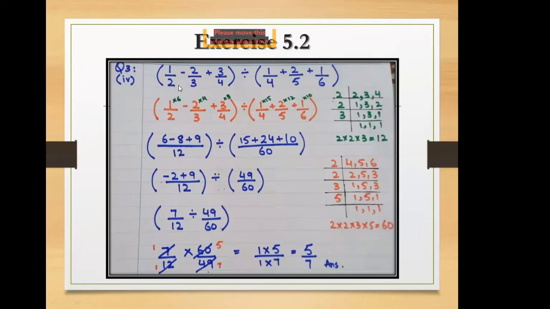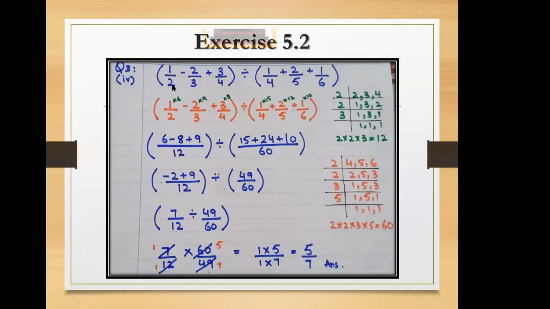We have to take the LCM of all three denominators. This is the LCM of 2, 3 and 4. What is the LCM? The LCM is 12. First rewrite the question, then take the LCM.